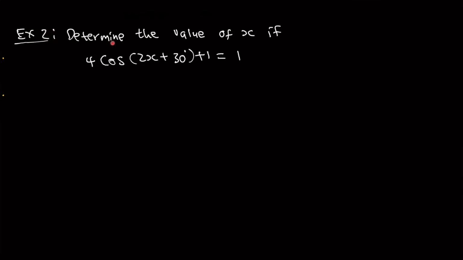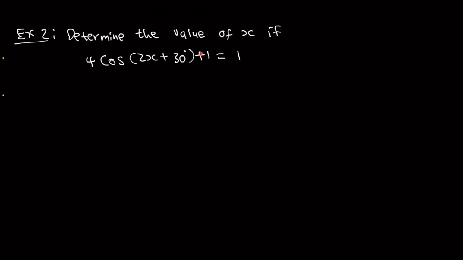Example number 2. Determine the value of x if 4 cos of (2x plus 30) plus 1 is equal to 1. Now, the first thing we need to do is take this 1 to the other side.